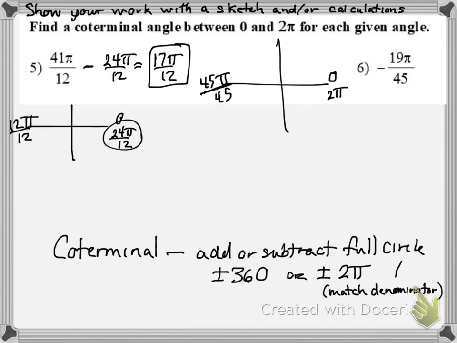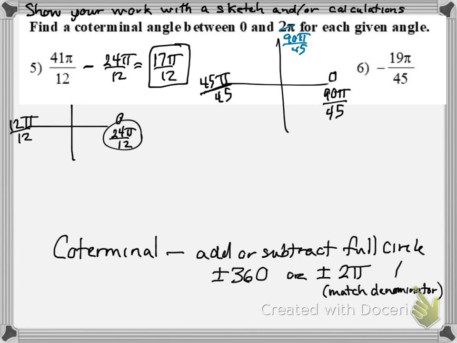And double 45 gives me 90. So I'm going to call this one 90 pi over 45. When they say find a coterminal angle between 0 and 2 pi, they're really talking about between 0 and 90 pi over 45, because that's 2 pi in the form that works here.